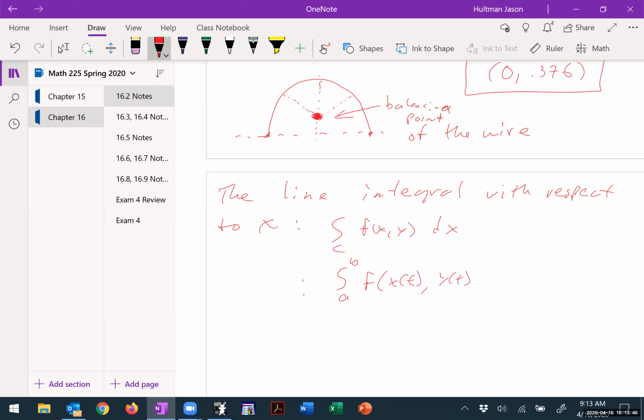Well, if I parameterize this in terms of t, then dx becomes dx/dt, which is just x prime of t dt. I should have an arrow here, not an equal sign.